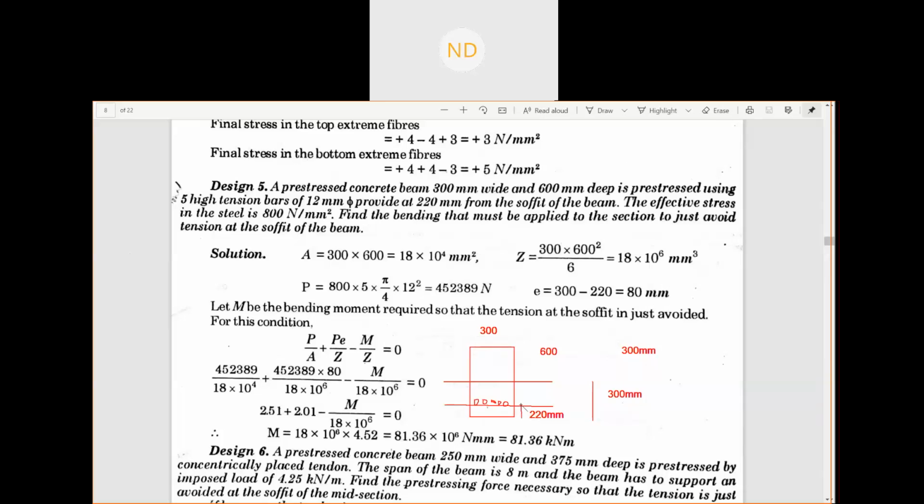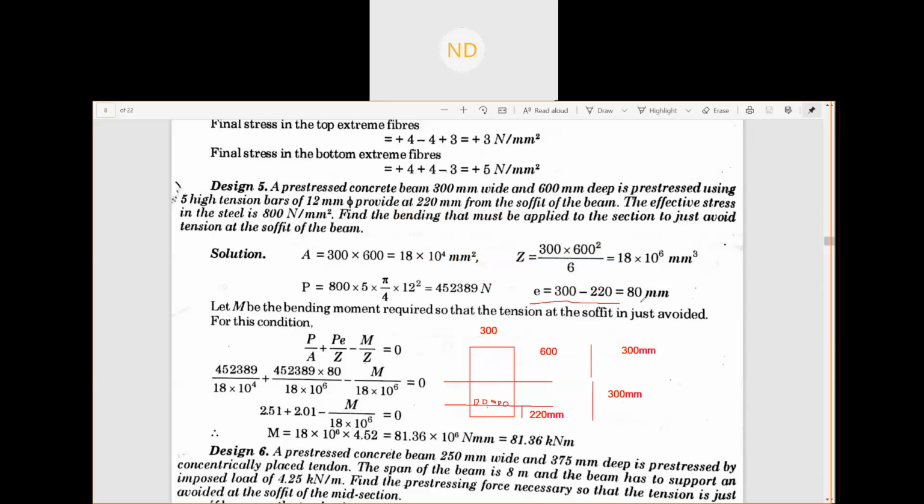This is your 220 mm, and this is your another 300 mm. So this is your eccentricity. In this way you can calculate e as 80 mm. That means the eccentricity of the tension bars is 80 mm.